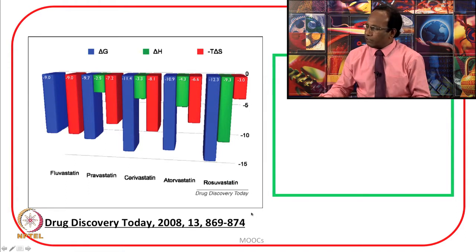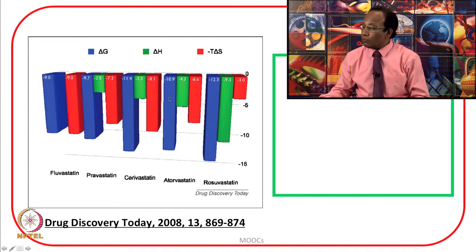Now, here if we look at the trend, once again the trend is towards more exothermic binding of the statins. Starting from fluvastatin to rosuvastatin, we see that the length of the green bar is more, the extent of exothermicity is more when we started from earlier and made progress towards the later years.